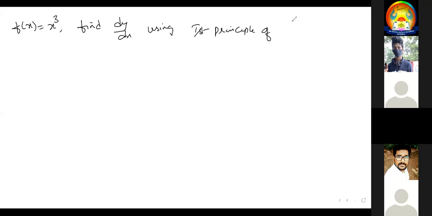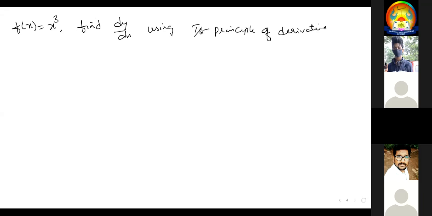One more example, if you want. f of x is equal to x cube. They're asking to find dy by dx using the first principle of derivative.